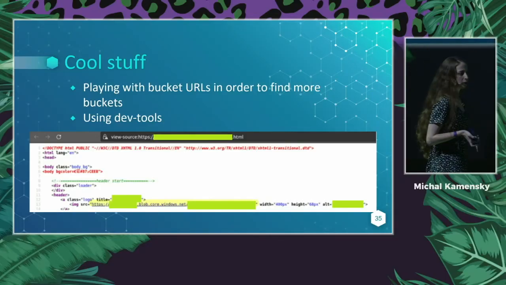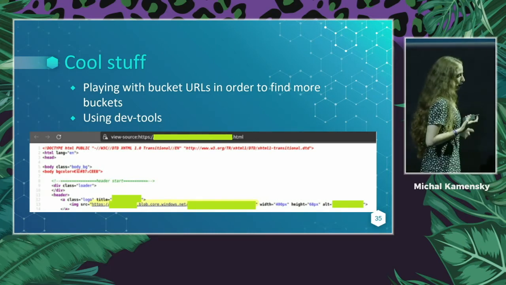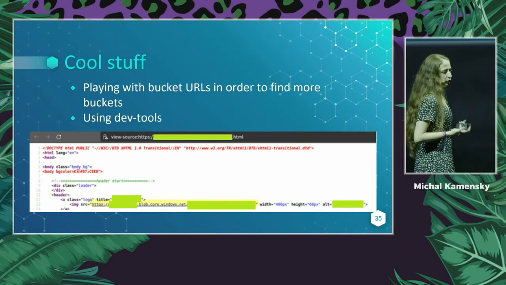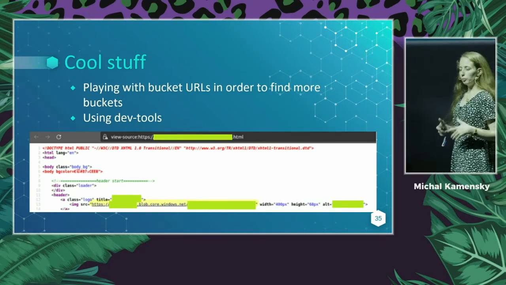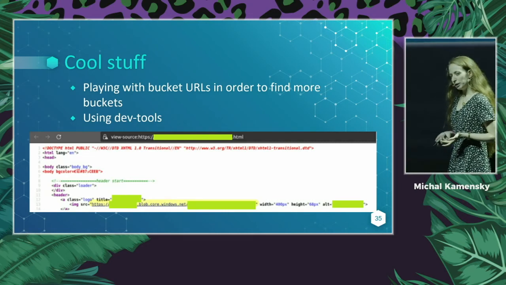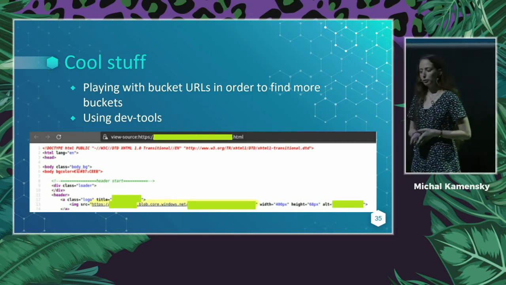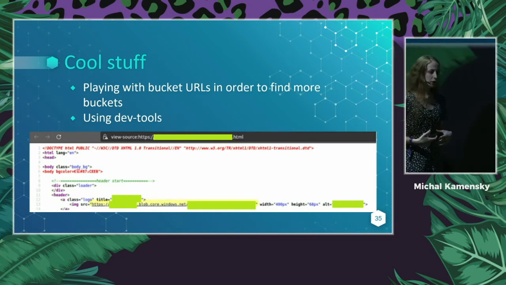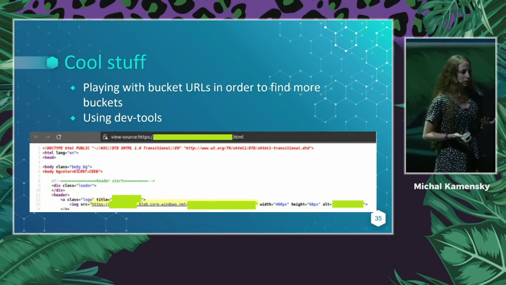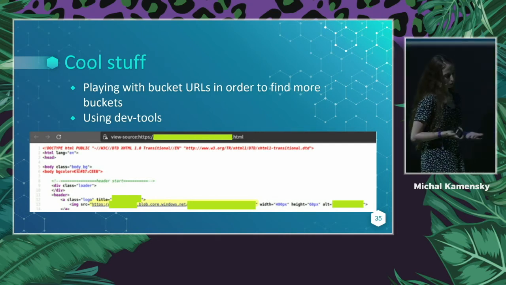Other cool stuff I found is that without any special tools, just by using source code, you can find open buckets on websites. You can see in the network tab, in the DevTools, what sources they're calling to retrieve images. You can use that to see where they're calling them from, and sometimes those buckets are open.